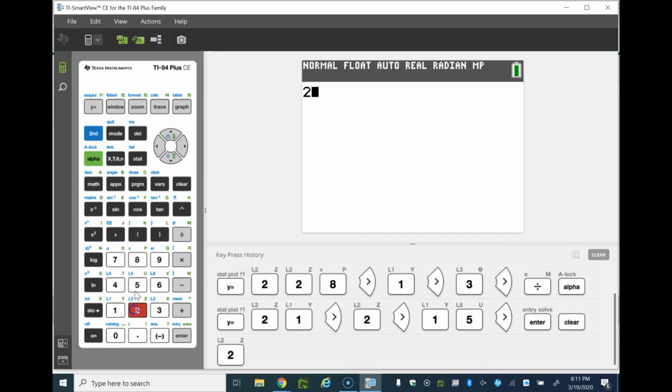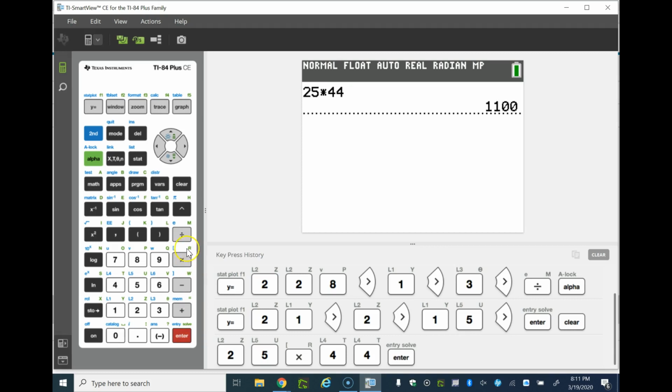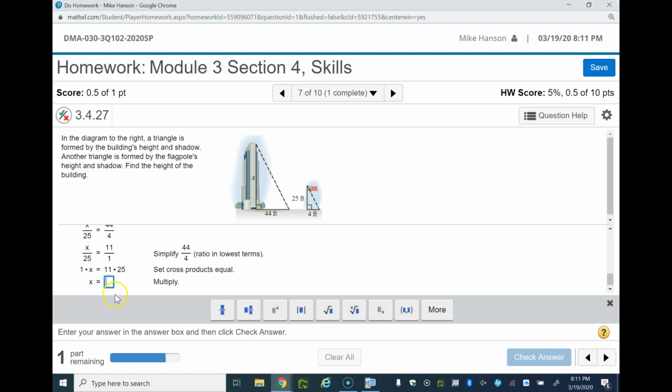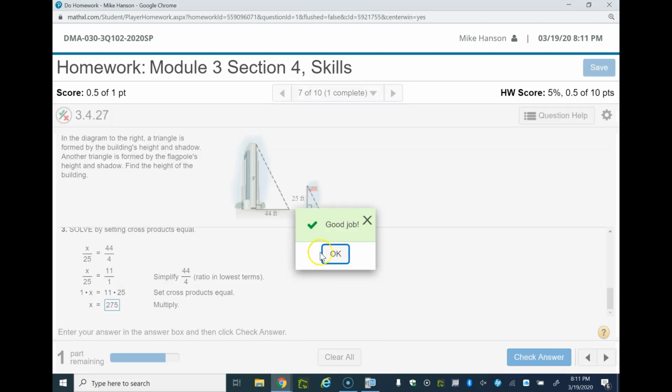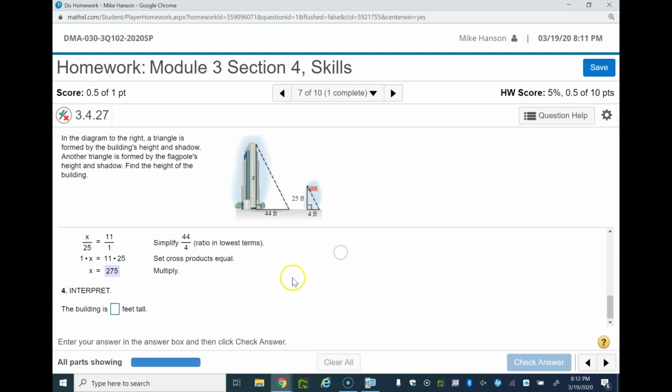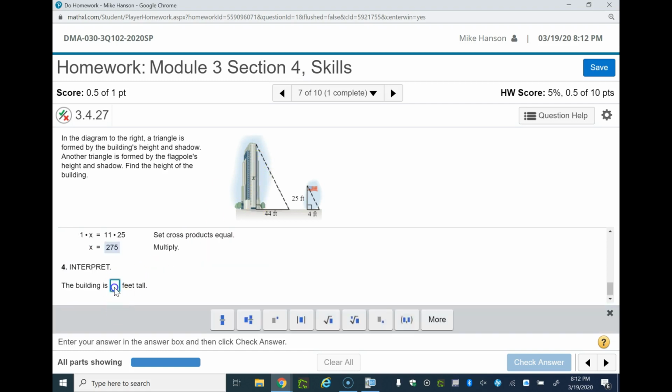So we're going to do 25 times 44, and then divide by the number left over, which is 4. So we get 275. Just to interpret what it means, because we found what x is, the building's height is going to be 275 feet tall.